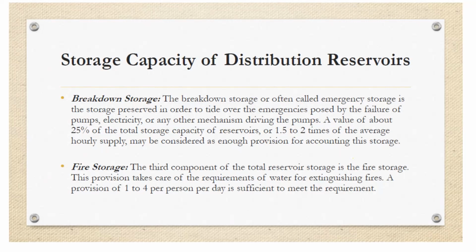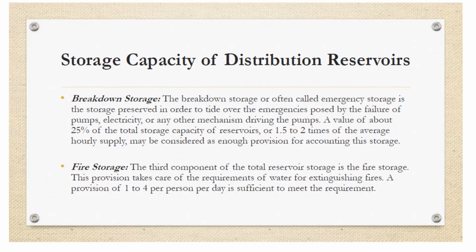Then breakdown storage. In the breakdown storage, many times the pumps are moving equipments, electrical equipments. High chances to have the breakdown of the pumps or the pipelines, or the electricity dropping may be there. And sometimes a pump breakdown requires 2 or 3 days to get maintained.